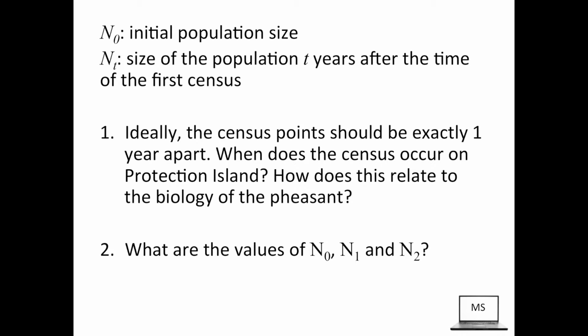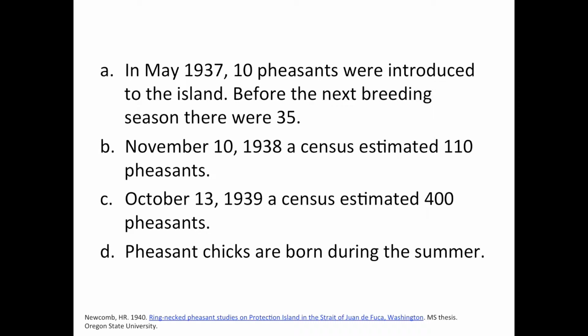I'll have Mr. Fofana write these questions on the board, and here's the information that you can use. In May 1939, there were 10 pheasants that were introduced to the island. Before the next breeding season, there were 35.